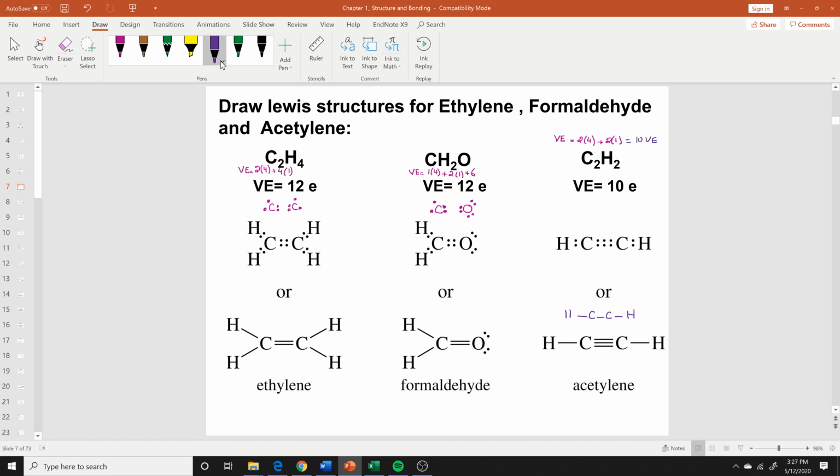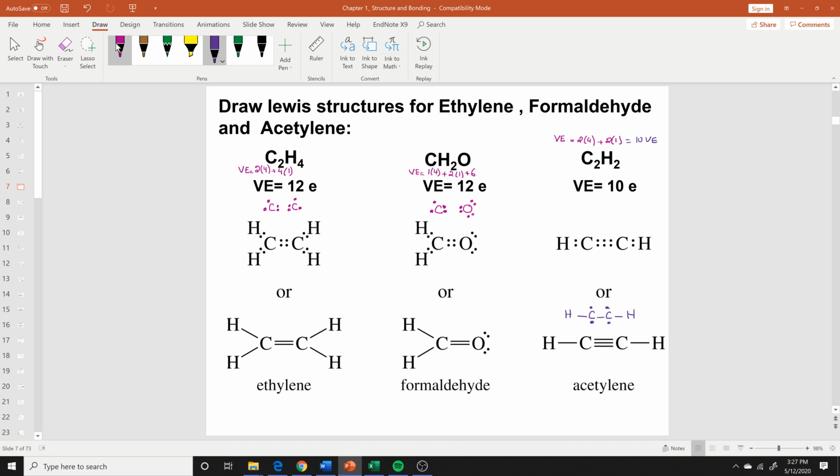Now I know that every carbon, to be neutral, has to have 4 bonds, and this structure is neutral because it has 0 charge. So I want to make it 4 bonds. So let's see. I have 10 electrons. I've used 1, 2, 3, 4, 5, 6. Okay. So let's go ahead and fill out the rest of the 4. I have 7. I have 8. I have 9. And I have 10. So these are the 10 valence electrons in there.